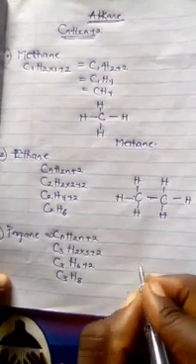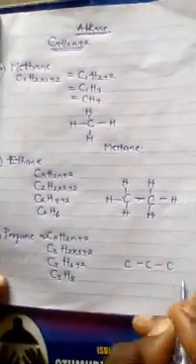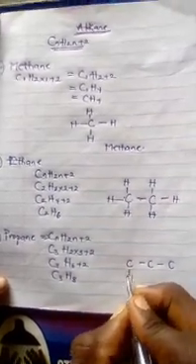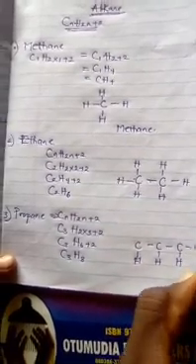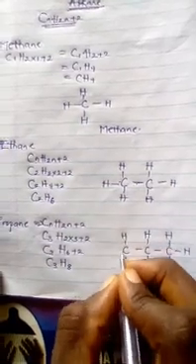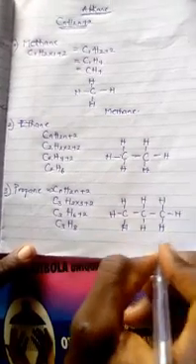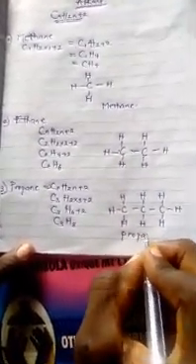How many carbon atoms? 3. How many hydrogen atoms? 8. Then the IUPAC nomenclature of this organic compound is what we call propane. This is called ethane, and this is called methane.